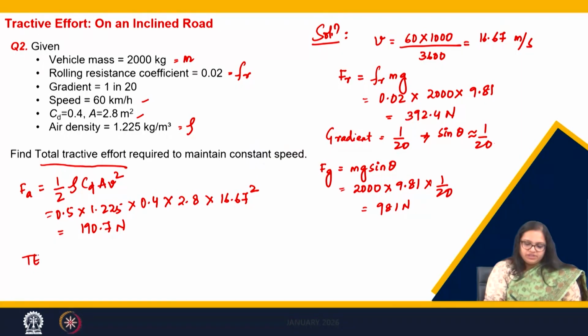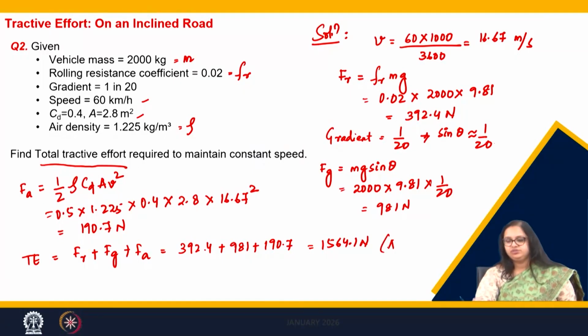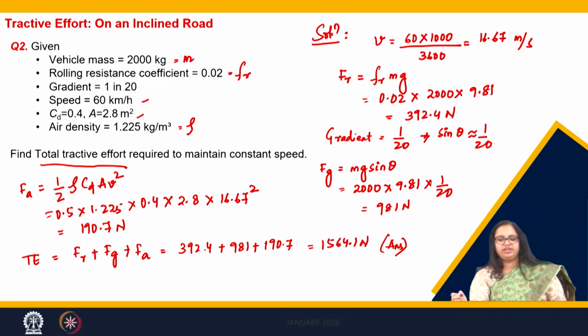Now, my total tractive effort is Fr plus Fg plus Fa, which is equal to 392.4 plus 981 plus 190.7, which is equal to 1564.1 Newton. So, this is the total tractive effort that is required to maintain constant speed.